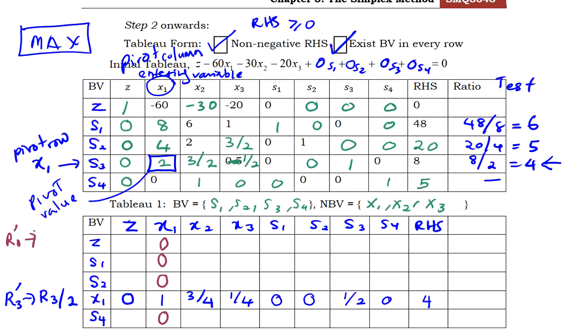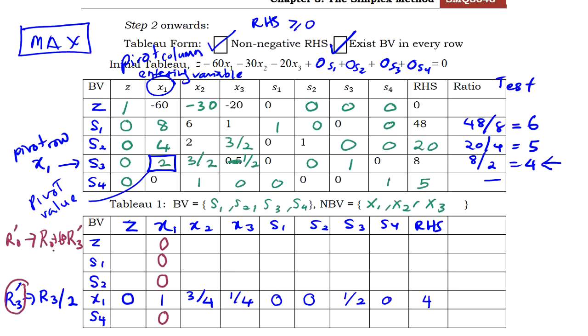R0 new refers back to R0 and also to R3 new, which is the pivot row from the initial tableau, so we always refer to R3 new. Because it's negative 60 here, we put plus 60, and then we use this formula for row 0.